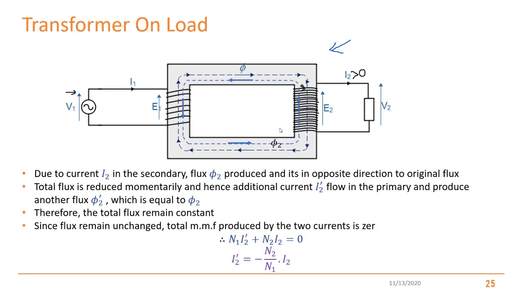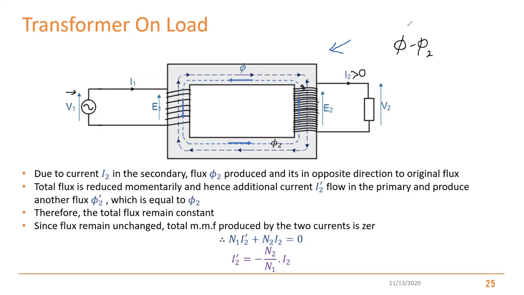Suppose the flux produced by the secondary current is phi-2. Due to this, the total flux in the core momentarily reduces to phi minus phi-2.